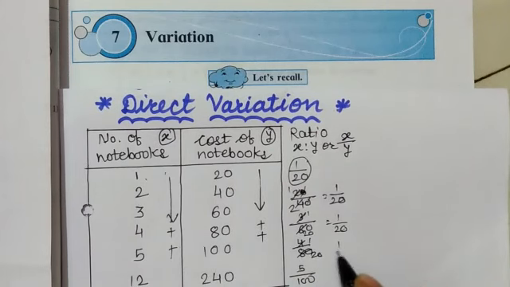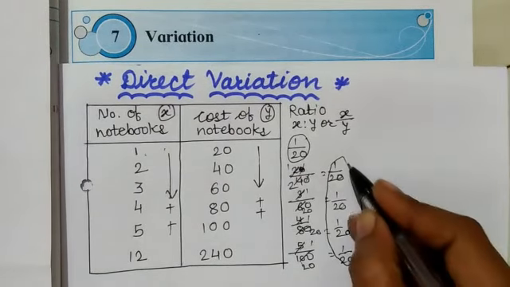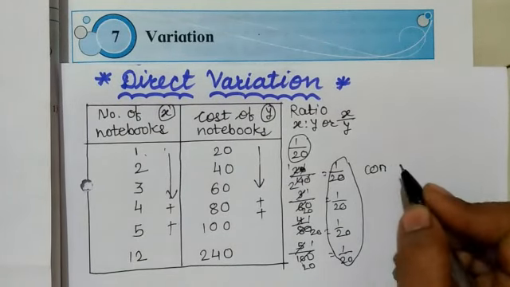This one is also 1 upon 20, and the last one, 5 twos are 10, 500, that will be 1 upon 20. It means in each case 1 upon 20 is the basic ratio, which is the constant.